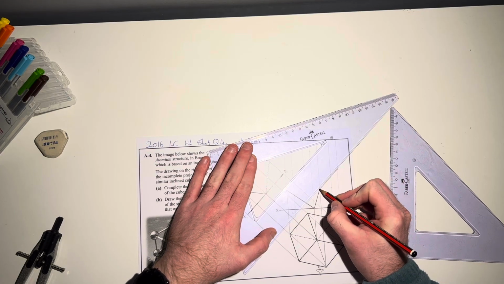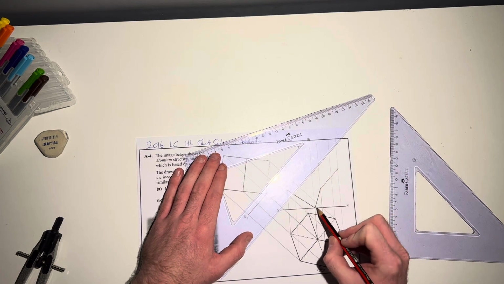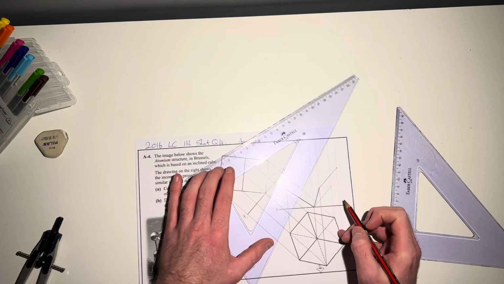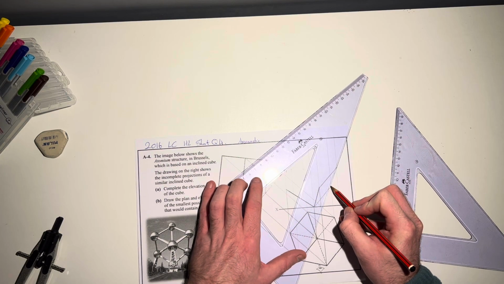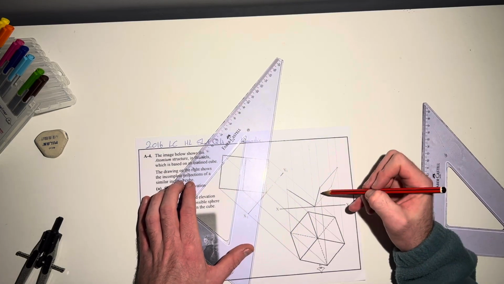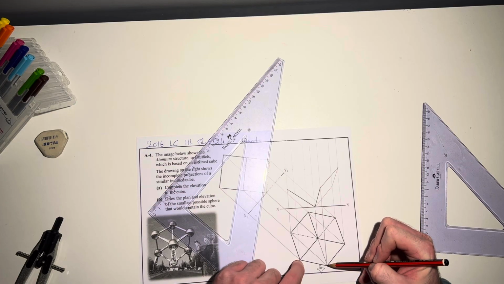We'll draw this. Center also connects to here. We'll draw this one. And this point connects here, so we can connect them. There's one face done. So now this point, follow it down, connects to here at the front.